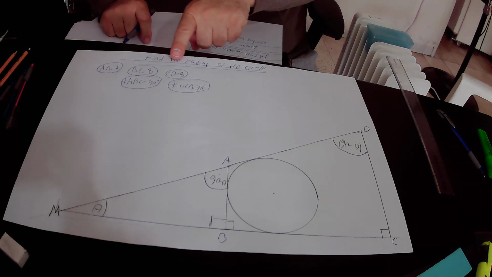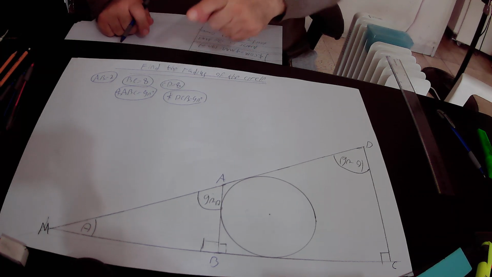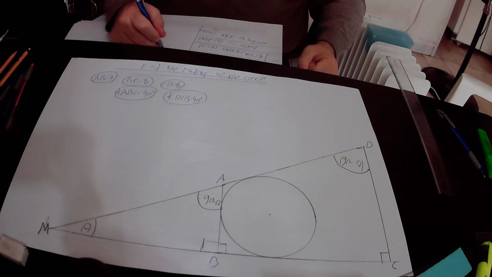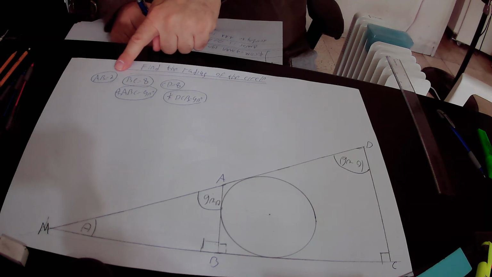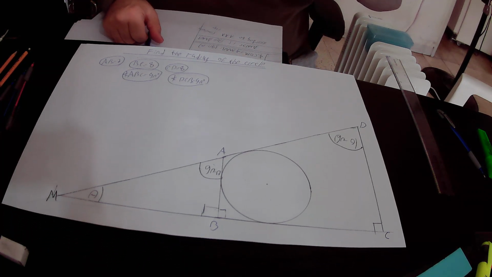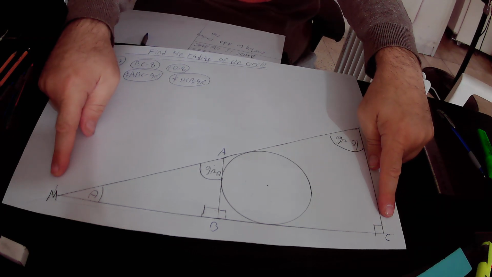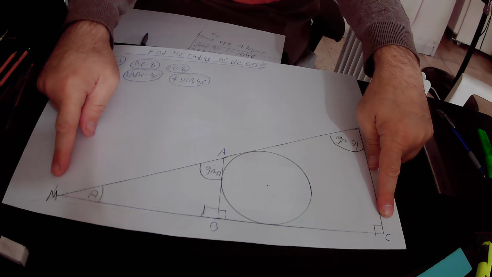DC equals 8 units in its length according to what is given in the question, over AB. AB equals 2 units in its length, and it is equal to MC. MC in total equals MB plus BC, that is 8.